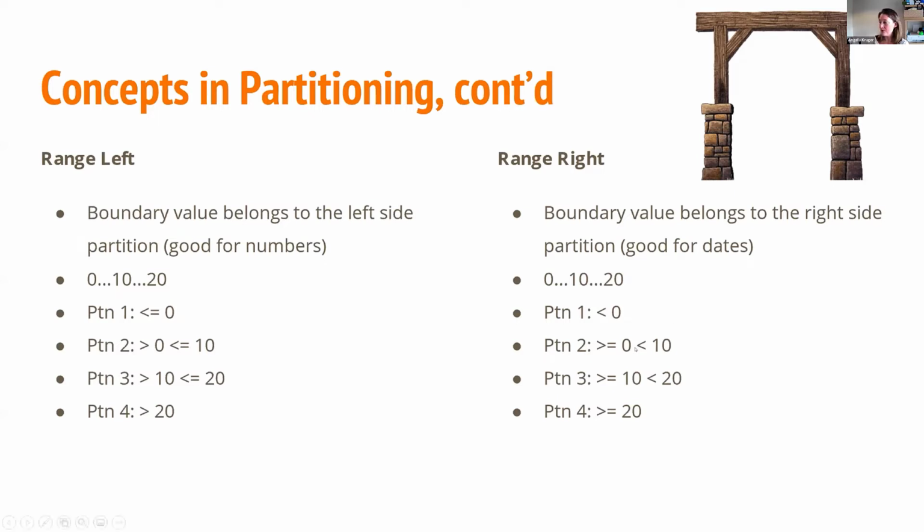Whereas if you are saying, all of my dates greater than or equal to the 1st of February, and all of my dates less than the 1st of March go into the February partition, well, now you're catching the whole of February. Greater than or equal to Feb 1st at midnight, less than 1st of March at midnight. Super simple. You could use a range left, but for dates specifically, range right is cleaner and a lot easier to get your head around.